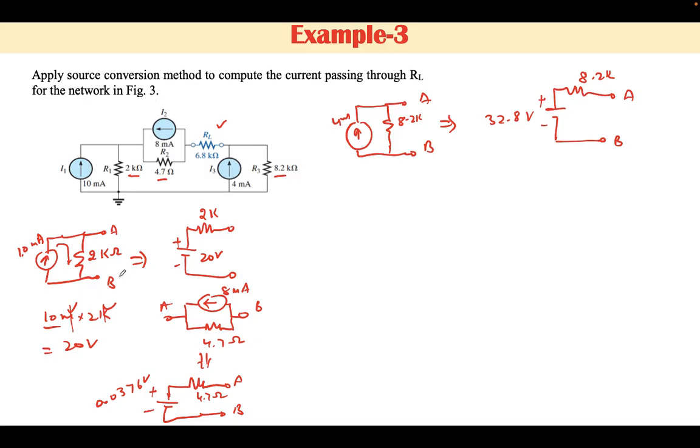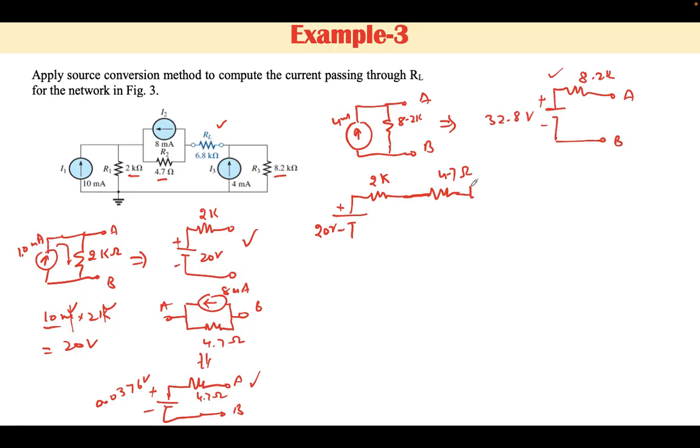Now replacing all the three conversions 1, 2 and 3 in the original network, the original network can be redrawn as: this is the voltage source, and the resistance is 2k, this is 20 volt, plus minus. Then the equivalent representation of this network is, this is the source, and internal resistance is 4.7 only ohms, not kilo.